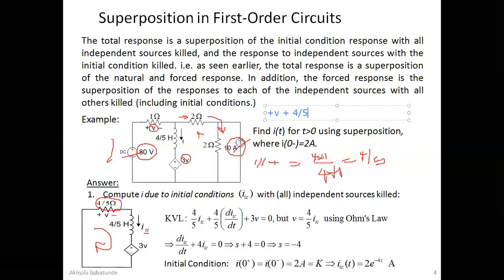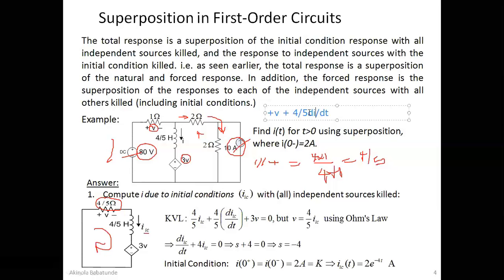Now, the voltage across an inductor is usually given as L di dt. So that is why we have this 4 over 5 here, and di dt is what is left. So you put the i dt here. Don't forget this I, we called it our initial condition current, so you could put IC there. But you know it is the initial condition current.